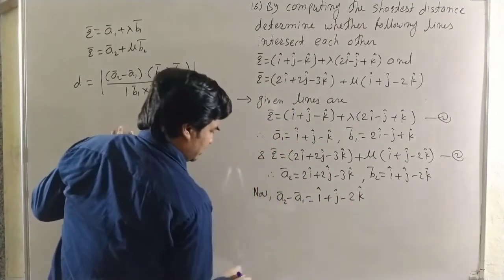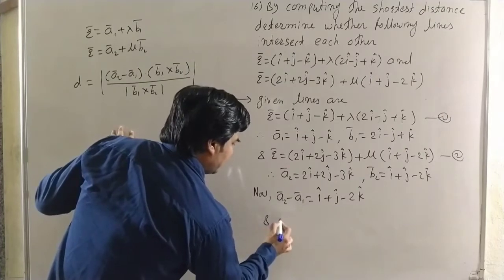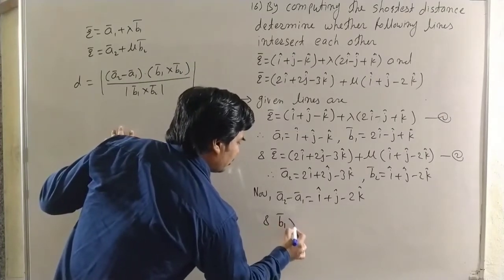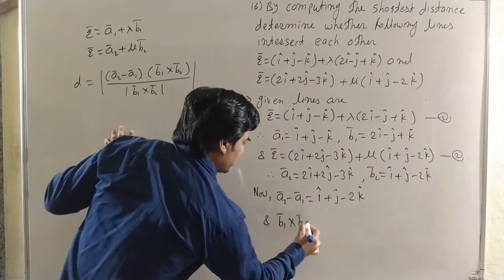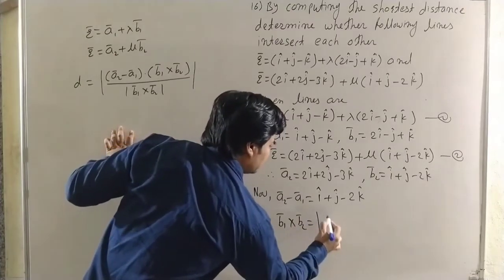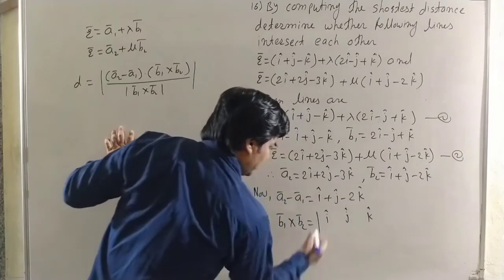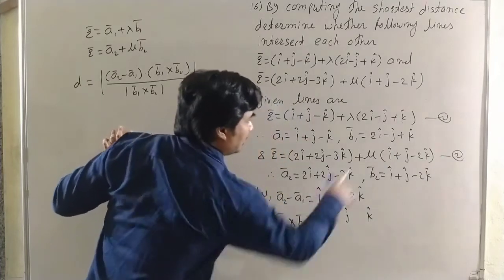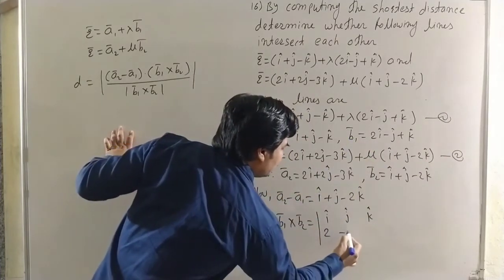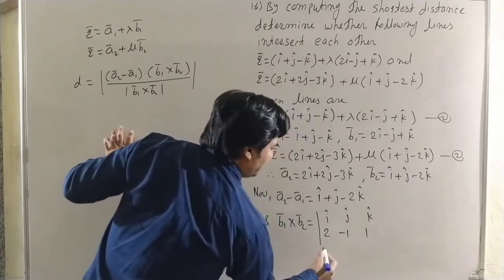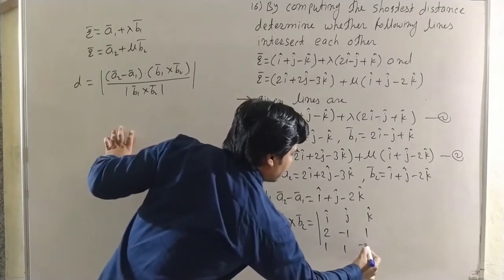This is a2 bar minus a1 bar, and now we find b1 bar cross b2 bar. See carefully, it is i cap, j cap, and k cap. Then b1 is 2, minus 1, 1, and b2 is 1, 1 and minus 2.